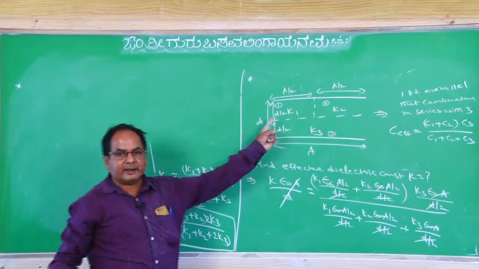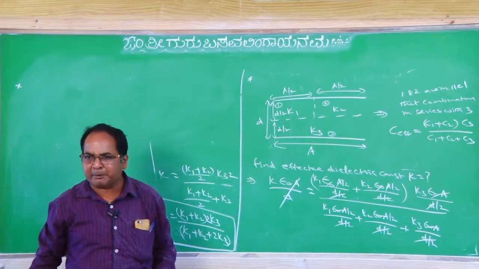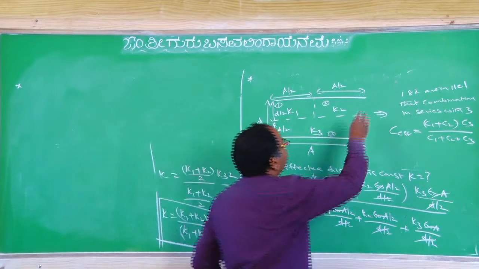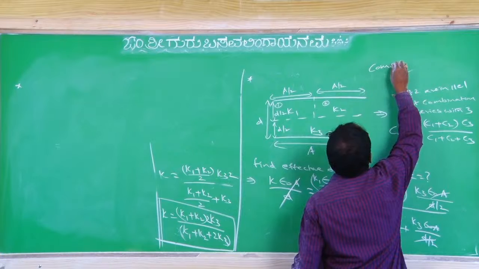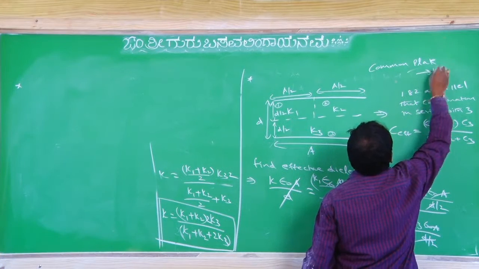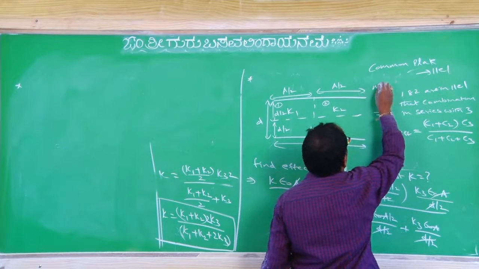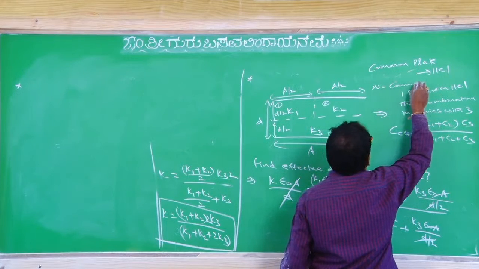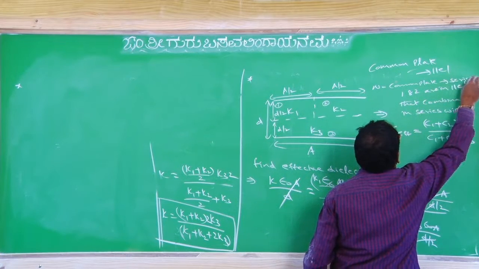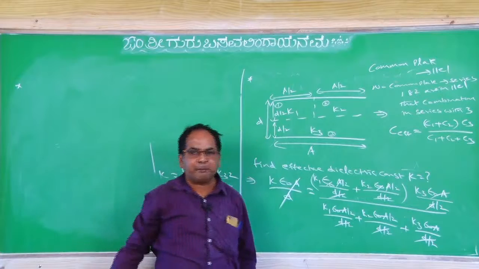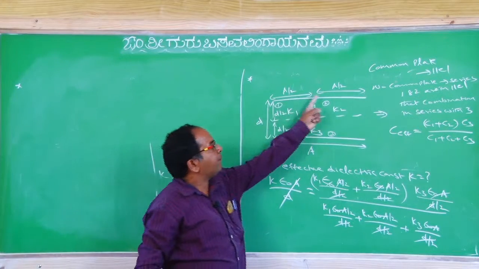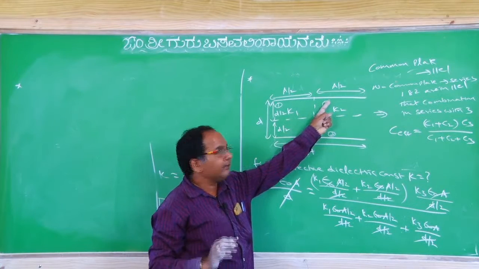This combination, okay? Able to recognize series, parallel? Same plate means common plate. Common plate means parallel. No common plate means series. Parallel, series, how you recognize? Common plate means parallel. Here common plate, parallel.